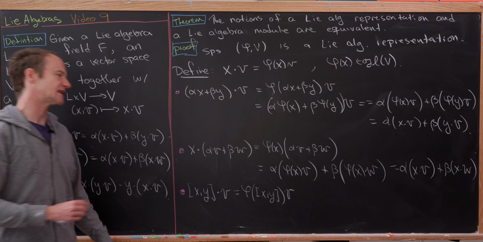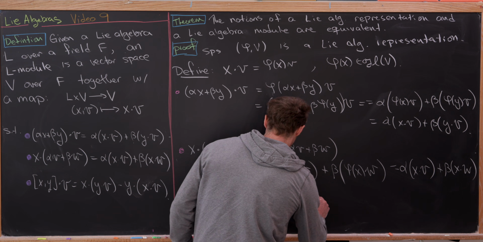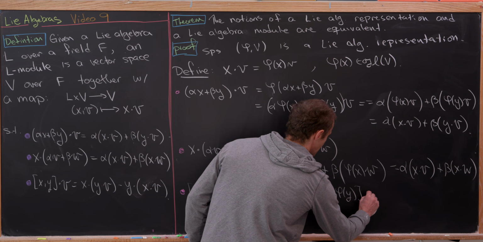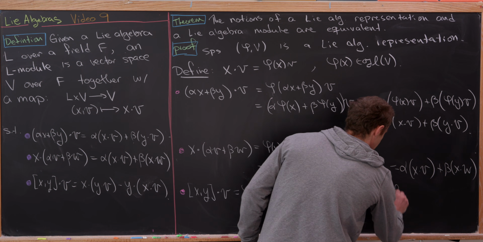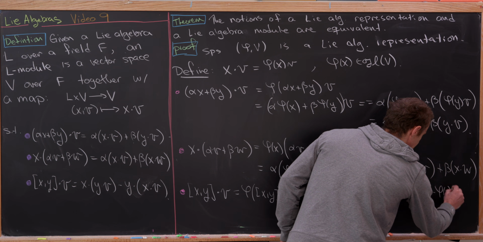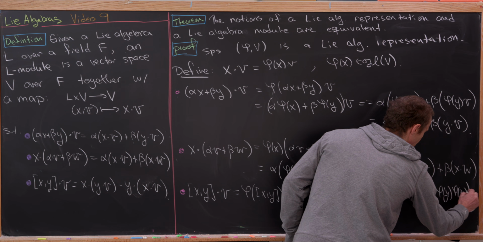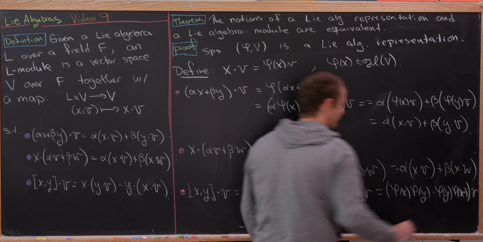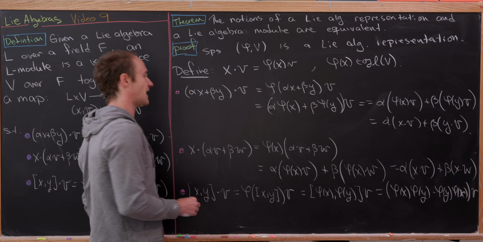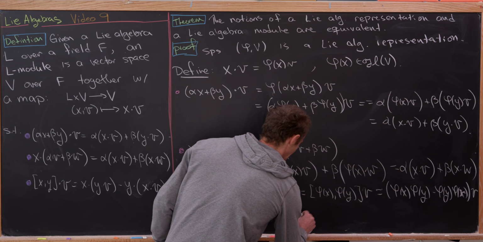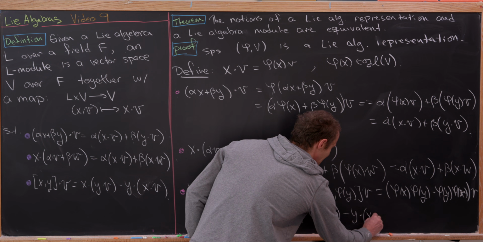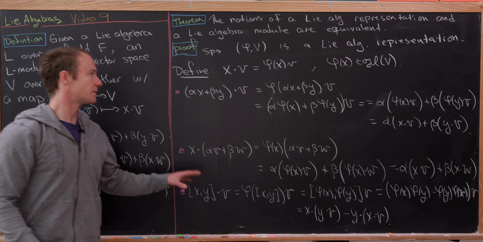But since phi is a Lie algebra homomorphism, that gives us the bracket of phi of x with phi of y applied to v, which is phi of x times phi of y minus phi of y times phi of x, all applied to v. But then pulling that back via the way we're defining our action, that gives us exactly what we want. So x dot y dot v minus y dot x dot v as needed. So there we did it.